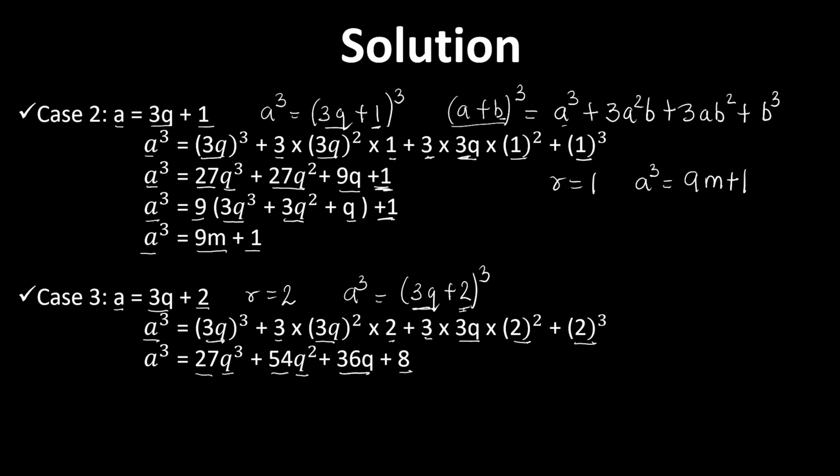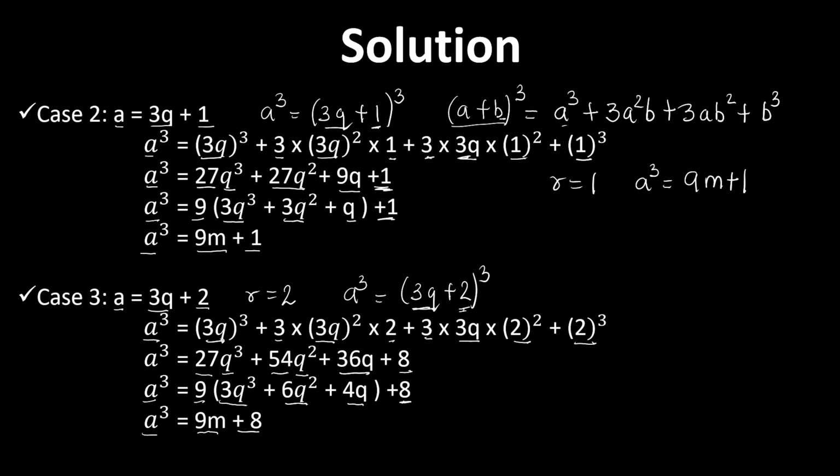So, it is easy, if you will observe, to take 9 common from the first 3 terms. Let's take it common then. We will be writing a cube is equals to 9 times of 3q cube plus 6q square plus 4q. Plus this 8 will remain as it is over here. So, finally, we will be writing a cube is equals to 9 times of m plus 8.